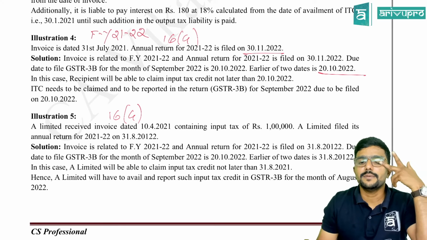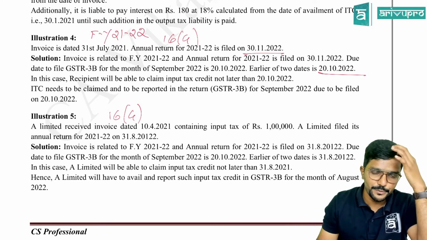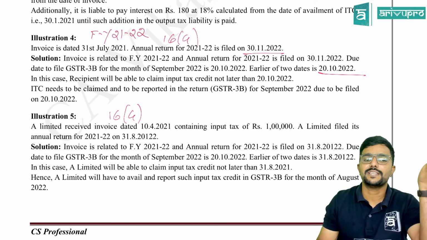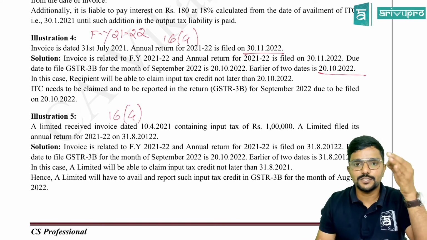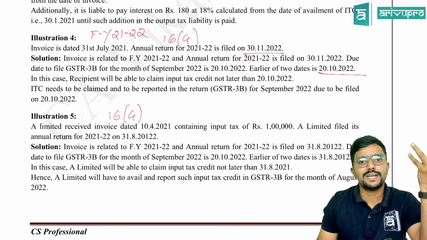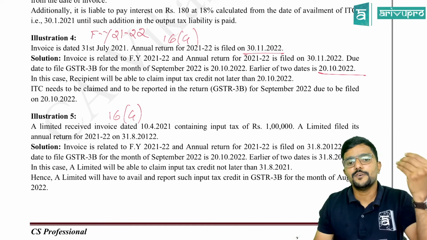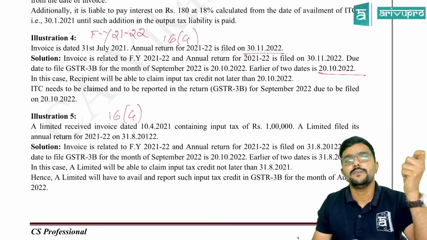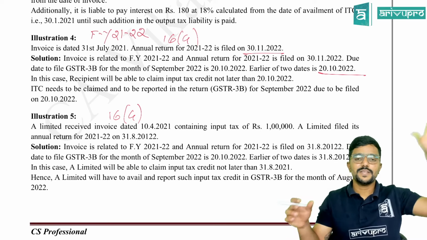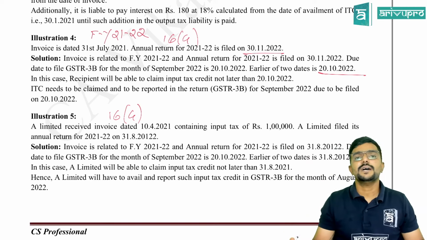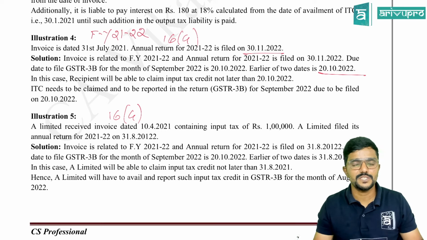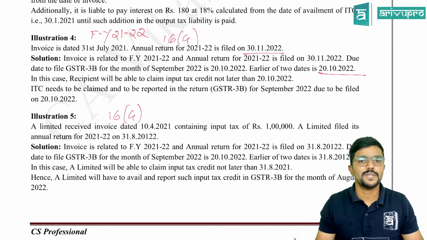ITC needs to be claimed and reported in GSTR 3B for September 2022, to be filed on 20th October. So he has to claim it before 20th October. How will he claim it? In GSTR 3B. Credit will be claimed in GSTR 3B by the recipient, which he will file on or before 20th of next month.